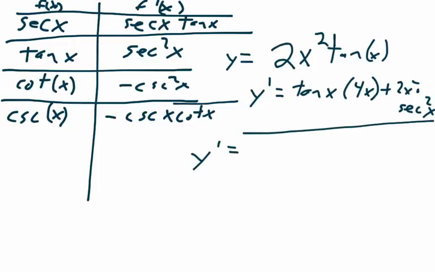So the derivative turned out to be 4x tangent x plus 2x squared secant squared.